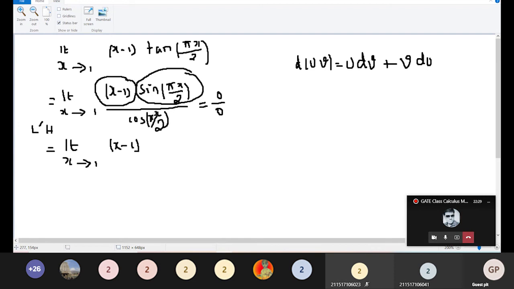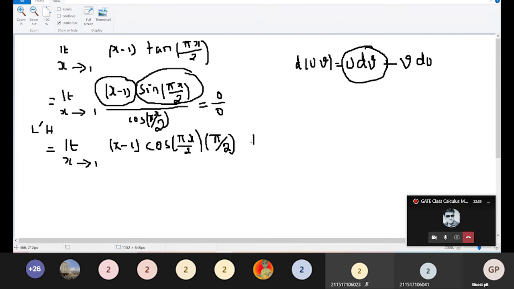So a similar procedure we are going to apply here. Differentiating sine, it is cos of pi x by 2 into differentiating the inner bracket, which is pi by 2. This portion is over.